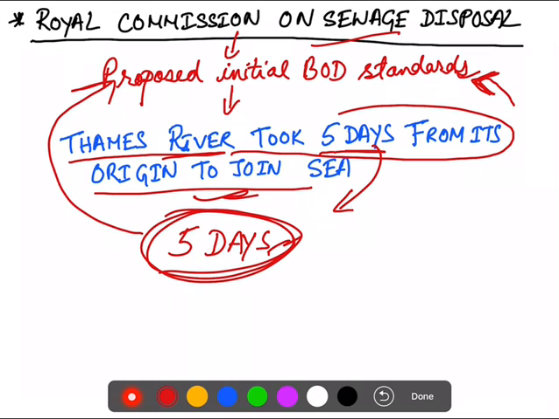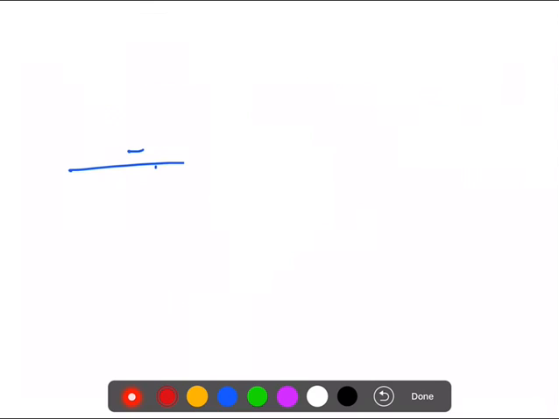Okay, also I will write one chemical reaction, how the oxidation takes place. So oxidation for BOD.